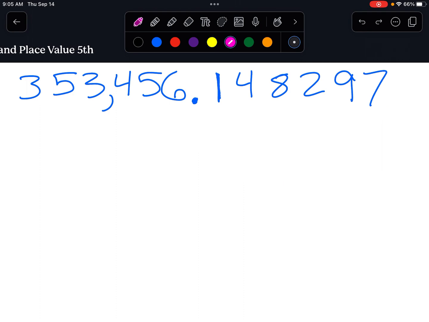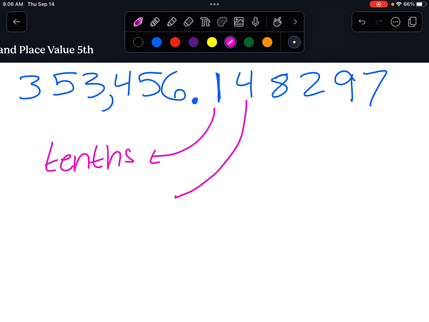First, let's go over what they're called. The number immediately right of the decimal place is the tenths place. Sorry, my handwriting is not the best. The number 2 to the right of the decimal place is, can you guess?